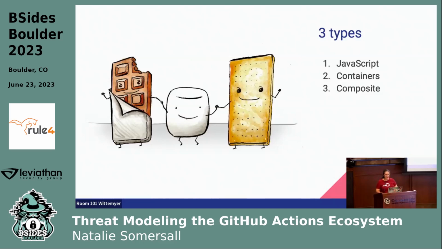And under the hood, ideally completely invisible to your users, it's one of three things. It's some JavaScript, it's a Docker container, or it's a mix. So composite being mixes of all the things: inline, in repo, remote scripts, call other actions. Composites are kind of their own fun little thing.